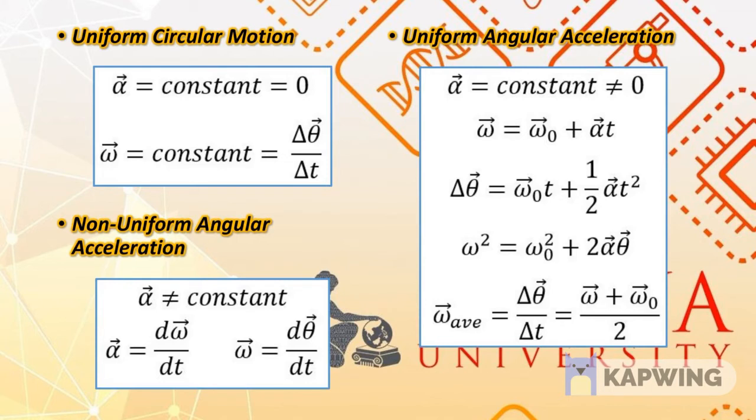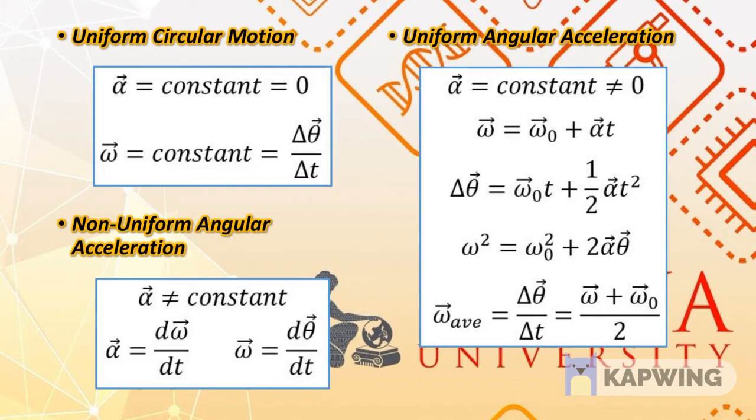Change in position is equal to initial velocity times time plus 1/2 acceleration times t squared. Final velocity squared is equal to initial velocity squared plus 2 times acceleration times displacement. And you have average velocity is equal to displacement divided by time, which is also equal to final velocity plus initial velocity divided by 2.